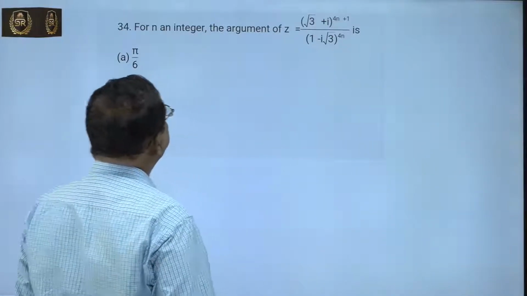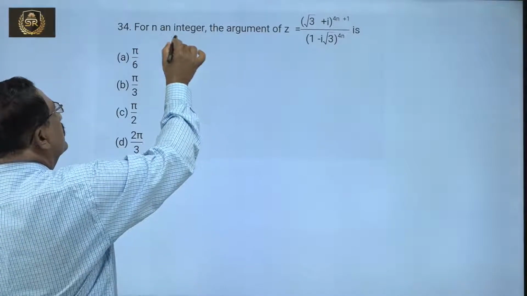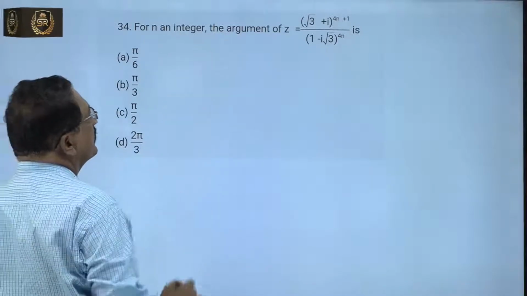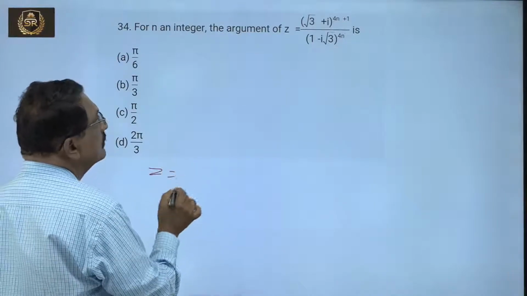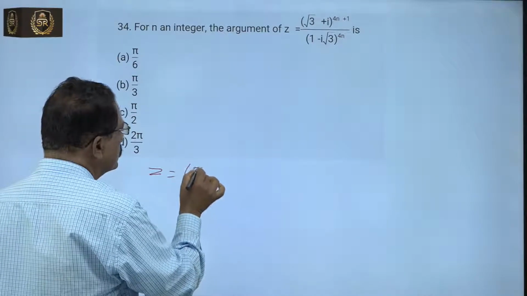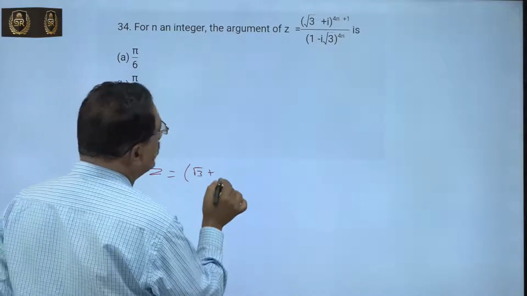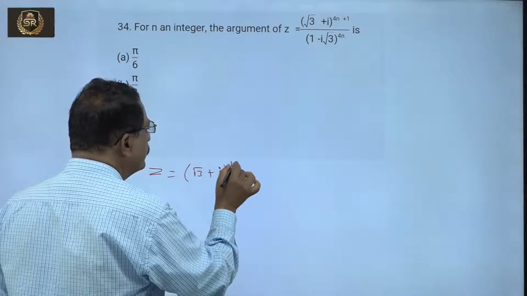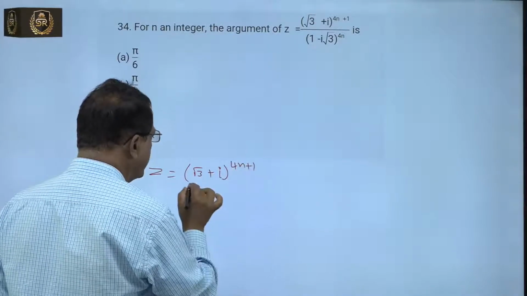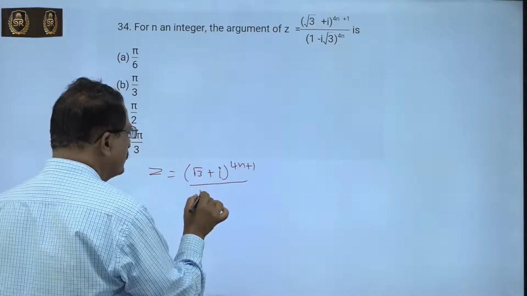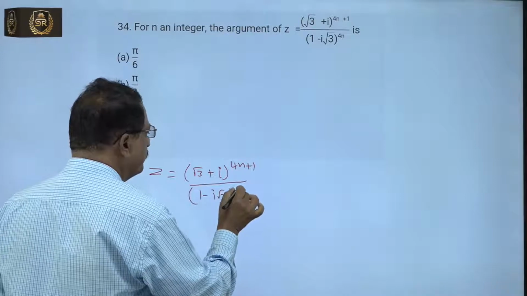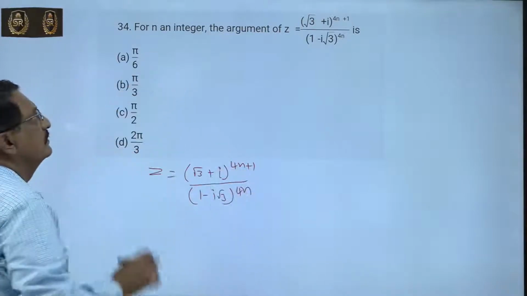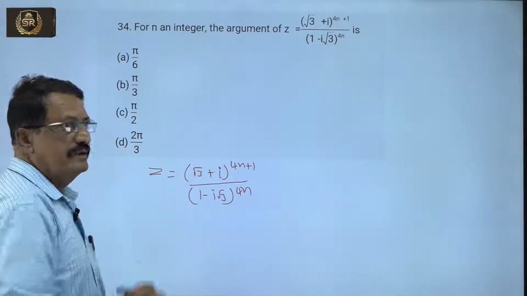Next problem. For n an integer, the argument of z equals (√3 + i)^(4n+1) / (1 − i√3)^(4n). Required: the argument of z.